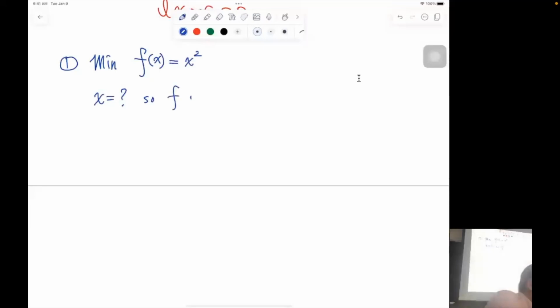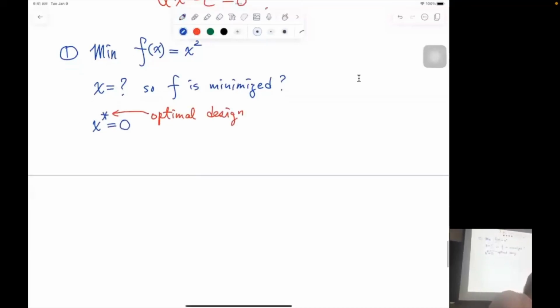So f is minimized. Anyone? 0, yes. So we usually write it this way. When you have a star, that means optimal design. Very good. Thank you.